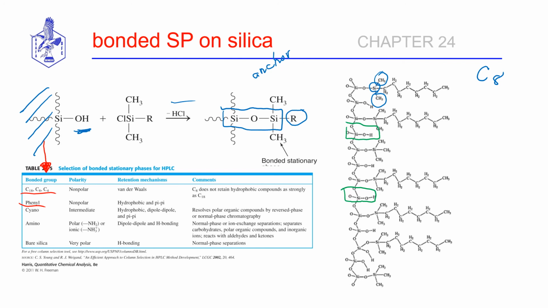So attached to the surface, we've got a benzene ring, a phenyl group. Then you have cyano or amino or bare silica. And once again, the polarity of the stationary phase has to do with the nature of your sample and which is most ideal for the particular compounds.